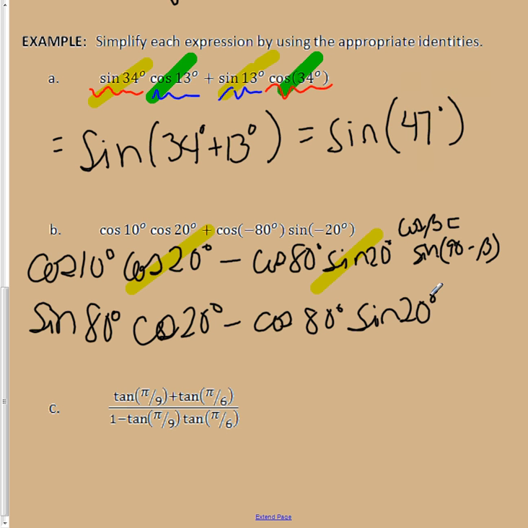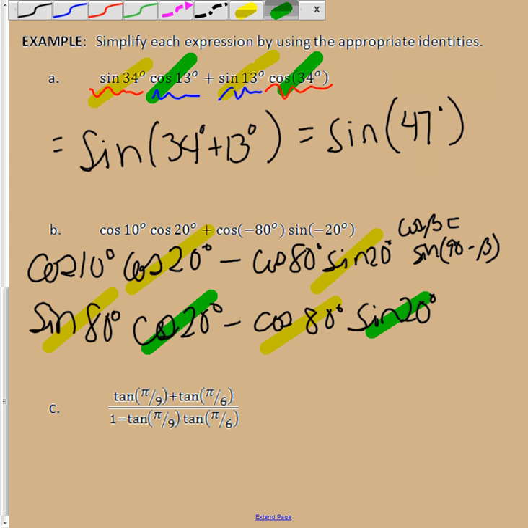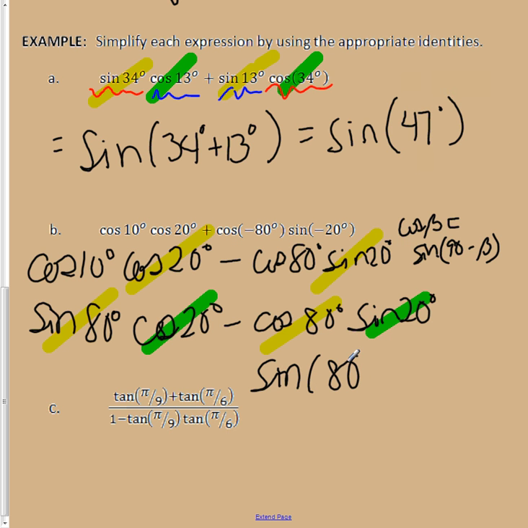Now we have sine of 80, cosine of 80. We have the cosine of 20, the sine of 20. And it's a subtraction between them, so this becomes the sine of 80 minus 20, which is the sine of 60 degrees, and we all know this is equal to the square root of 3 over 2.